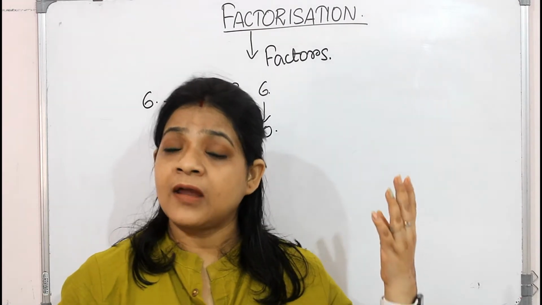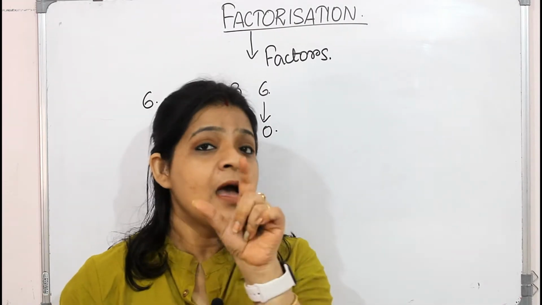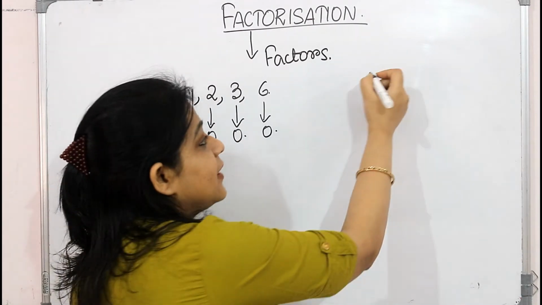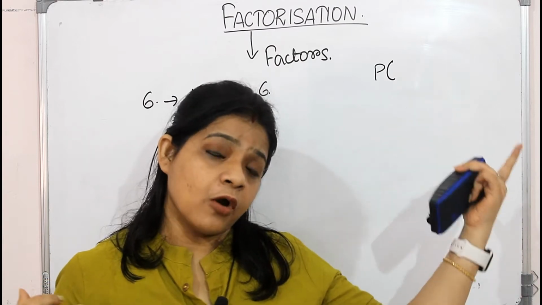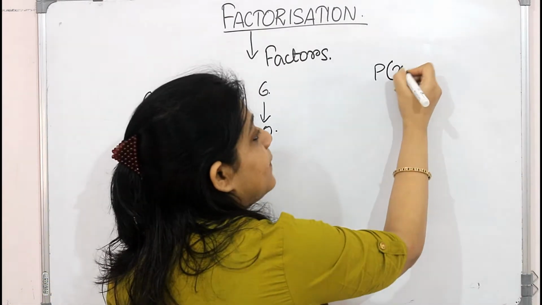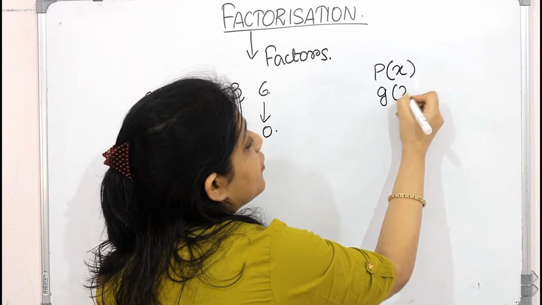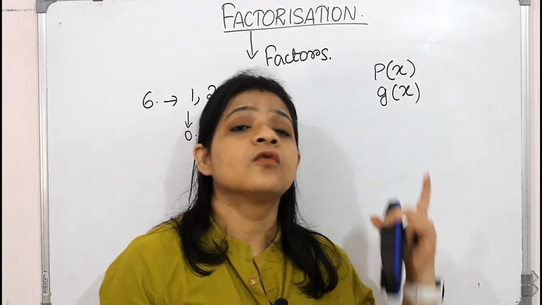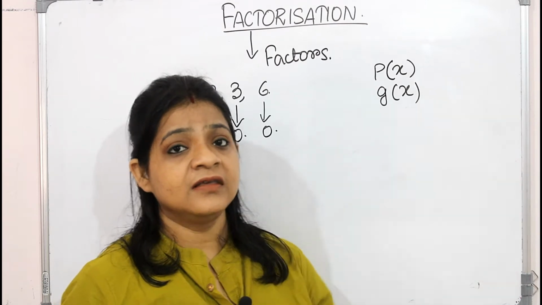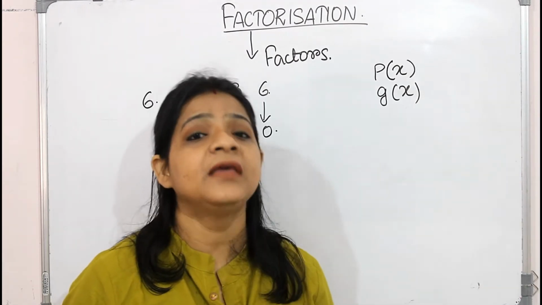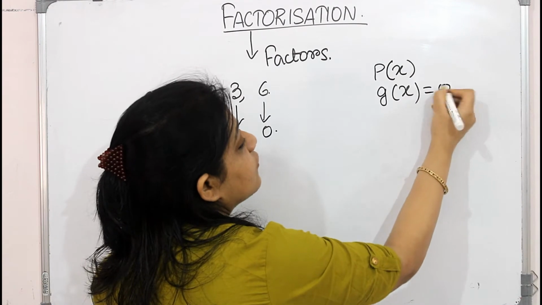When we studied the factor theorem, I told you, suppose a polynomial p(x) is there and a polynomial g(x) is there. How will you predict that g(x) is a factor of p(x)? We take g(x) equal to 0.